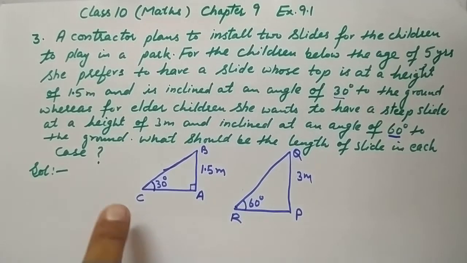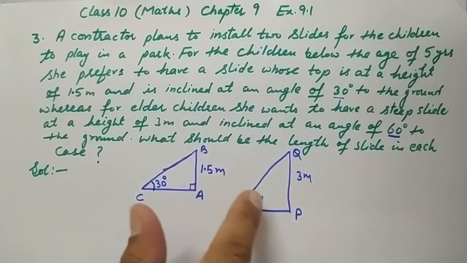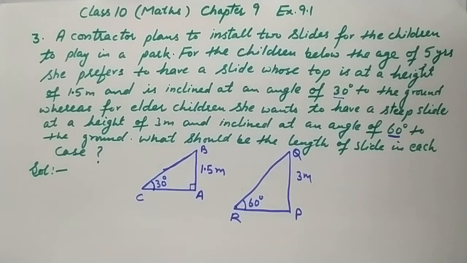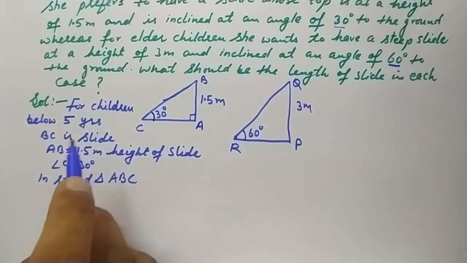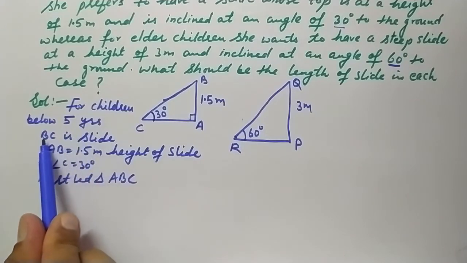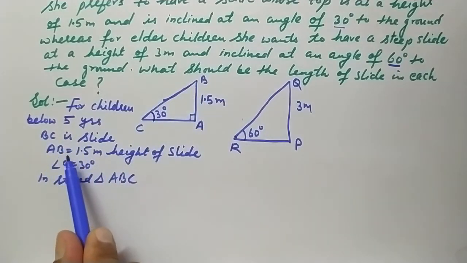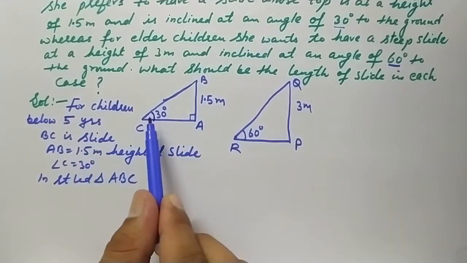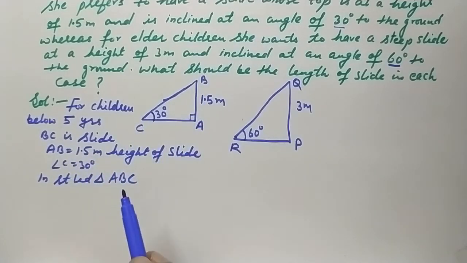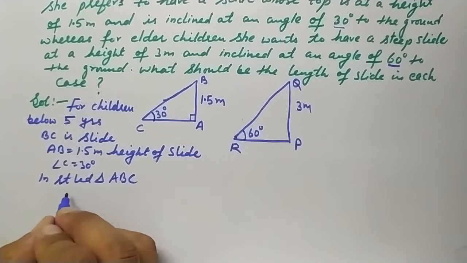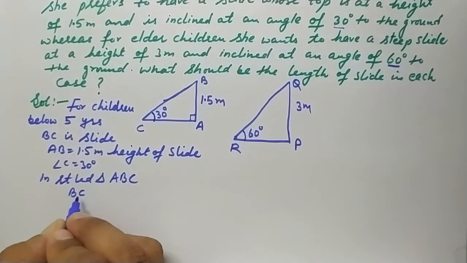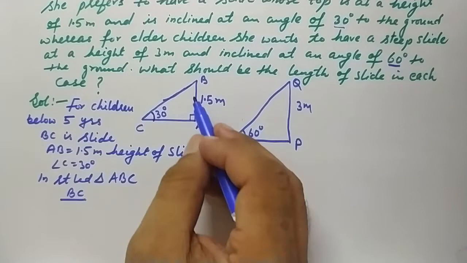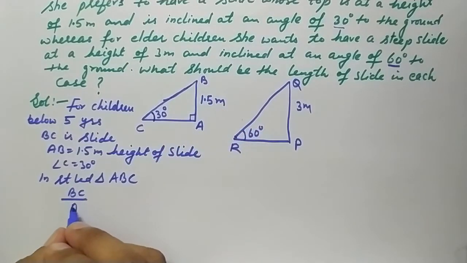Now first of all we'll explain the figure here, then we'll start solving these two parts. So for children below 5 years, BC is a slide, AB is 1.5 meter, the height of the slide, and angle C is 30 degrees. Now in right angle triangle ABC, we have to find BC, so BC we will write in the numerator over what is given, AB, the height, in the denominator.